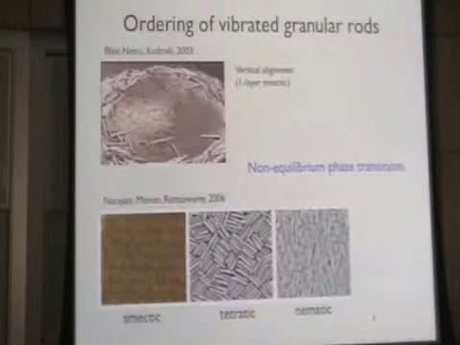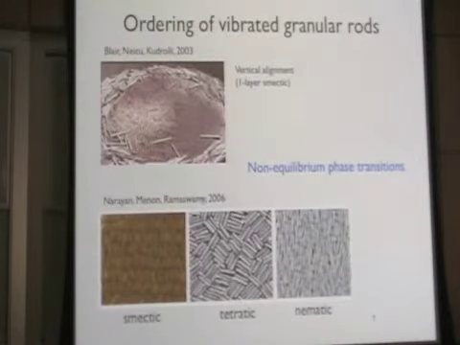So the question is, and this is an example of active granular rods. Granular rods you can supply temperature to by driving them, because you have dissipation, so you have to drive them somehow. A typical way of driving them is shaking them, and Arshad probably mentioned some of this in his talk. So you can have very interesting ordered states there, of a different nature and with different mechanisms from this equilibrium Onsager-type transition.